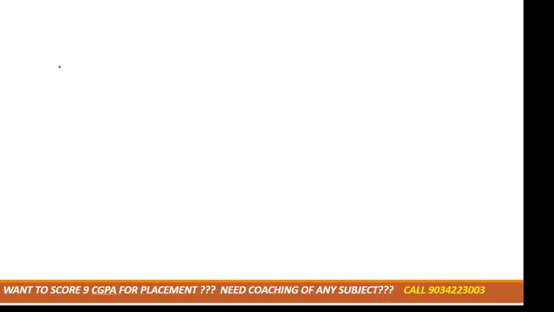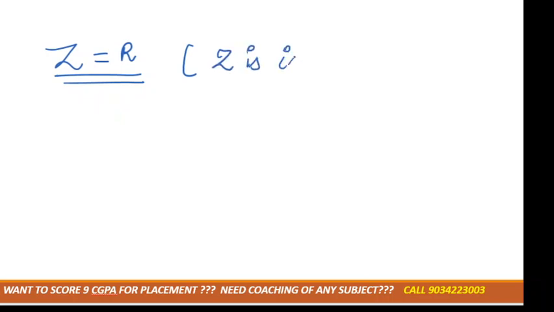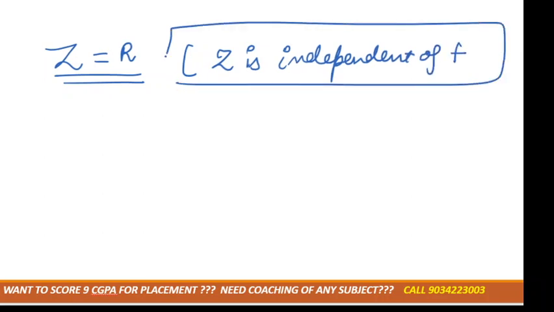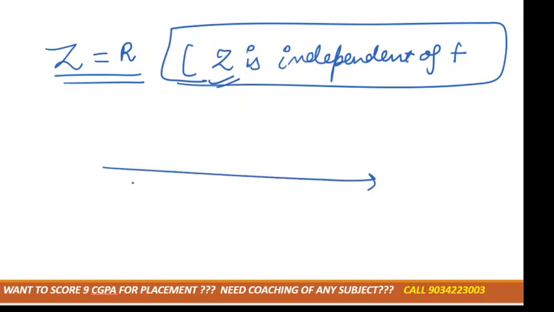Next, we need to draw the impedance. As you know, in the case of resonance, Z is equal to R. It means that Z is independent of frequency, right? So whatever the value of frequency, the Z value should remain the same, whether frequency is increasing or decreasing.